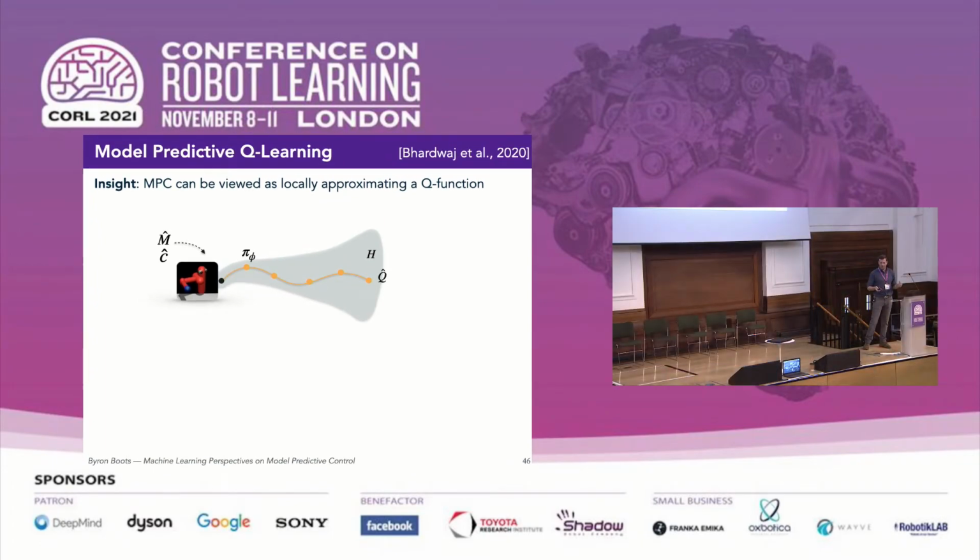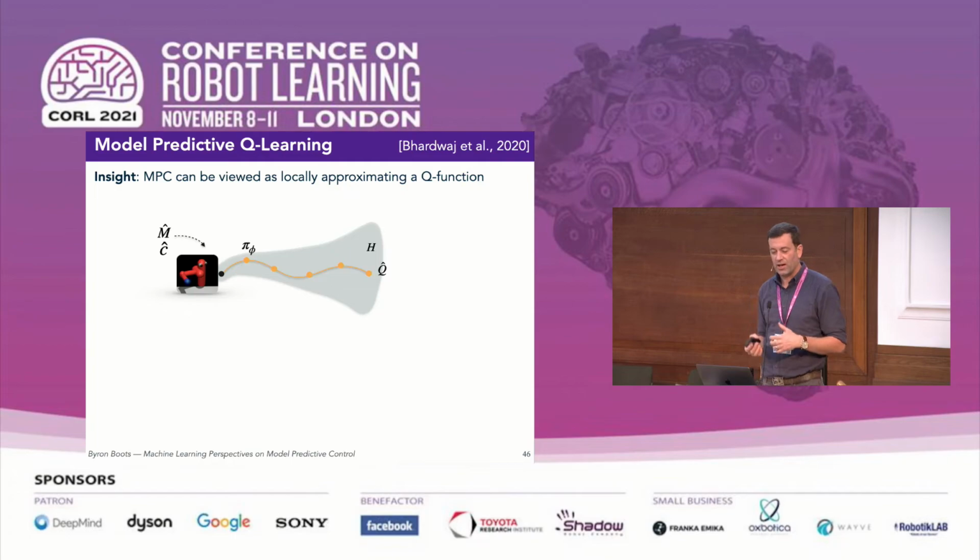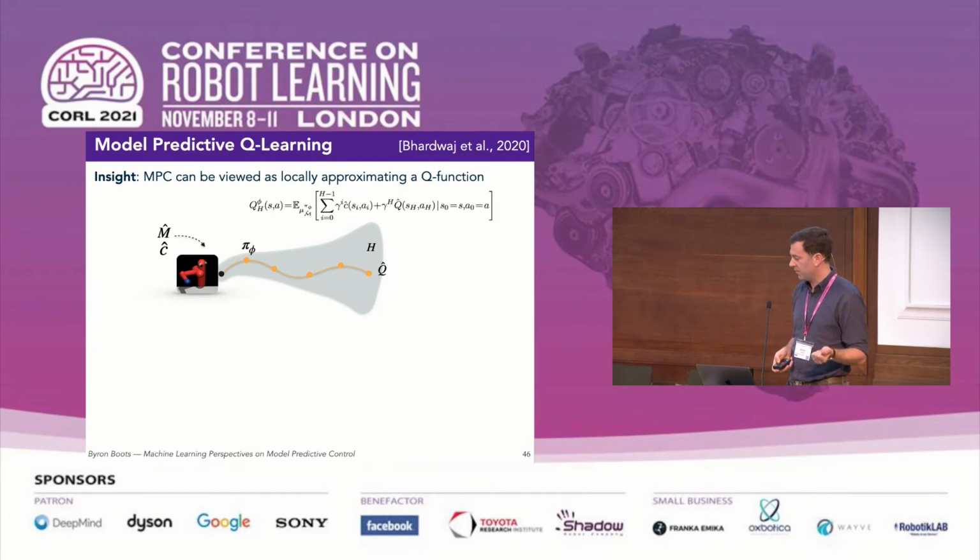This is going to be our cost in simulation, the C hat, and some finite horizon H. MPC then forms a local estimate of the Q value as the expectation of our discounted cost over our horizon H, followed by some terminal Q estimate or terminal cost in the surrogate MDP. The definition of the Q function is given here at the top of the slide. Basically, it says that we can write the Q function as the expected sum of discounted costs over our horizon H, and we have this terminal cost or terminal Q function.